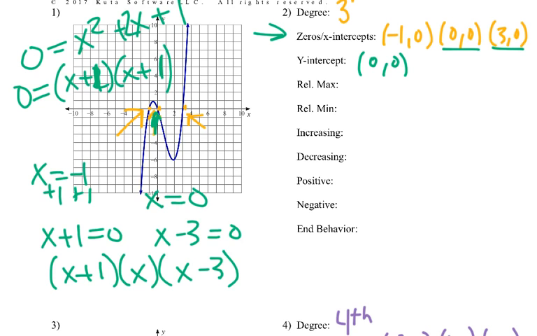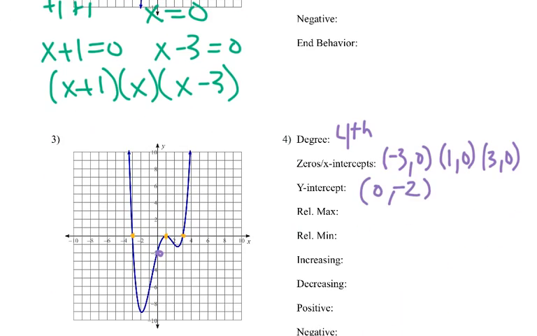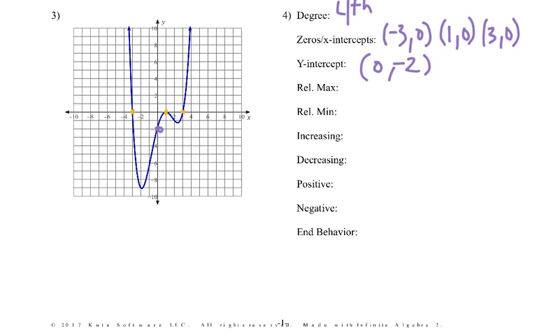Now, what we run into is if we look at number 3, notice that this goes straight through and crosses. This also crosses, but this one only touches. That keys you into something we call multiplicity.